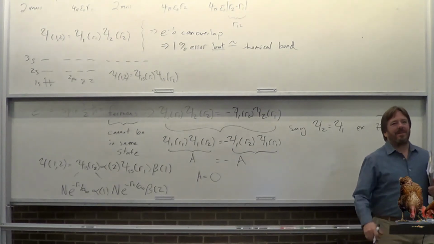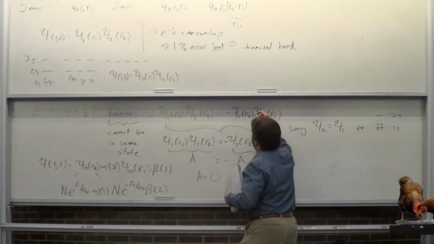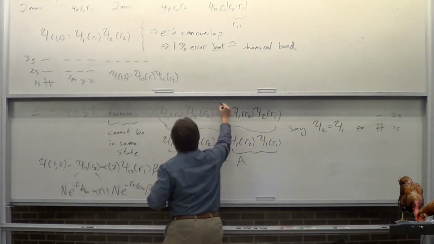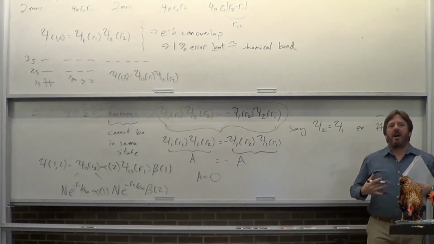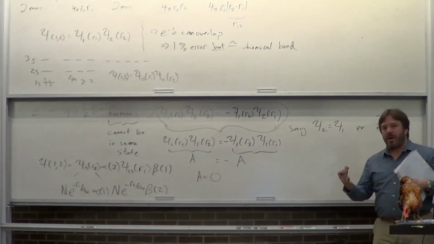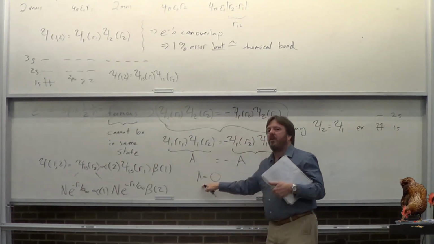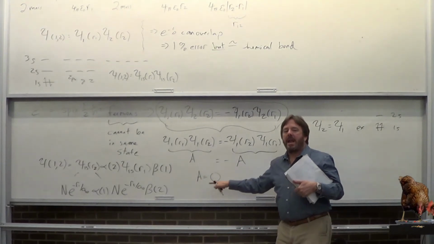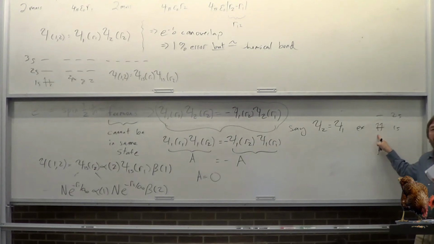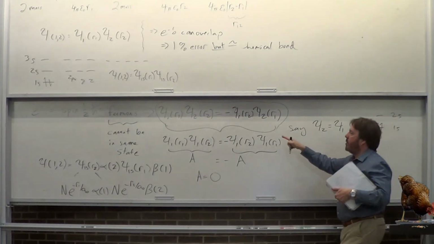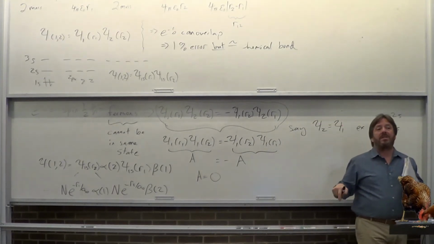So here's a big lesson. I can't write this down because my handwriting is awful. This is a big deal. This is the antisymmetry to exchange principle. As ridiculous and arbitrary as that sounds, if you follow this principle and you screw up and write an electronic configuration that's not allowed, but follow the proper rules, you will find that you wrote a wave function that is actually equal to 0.